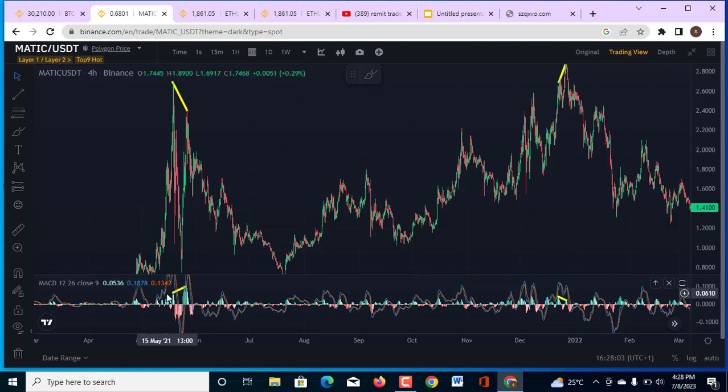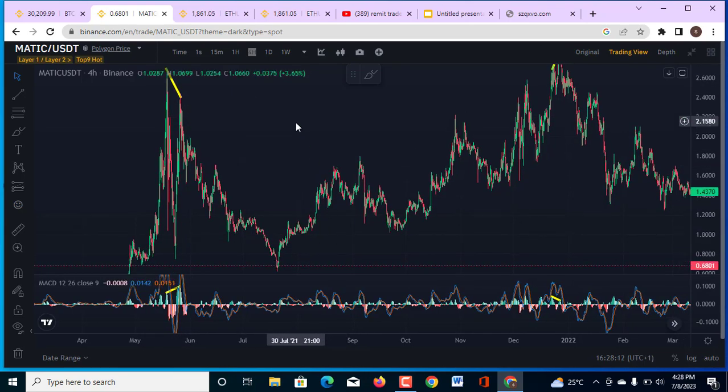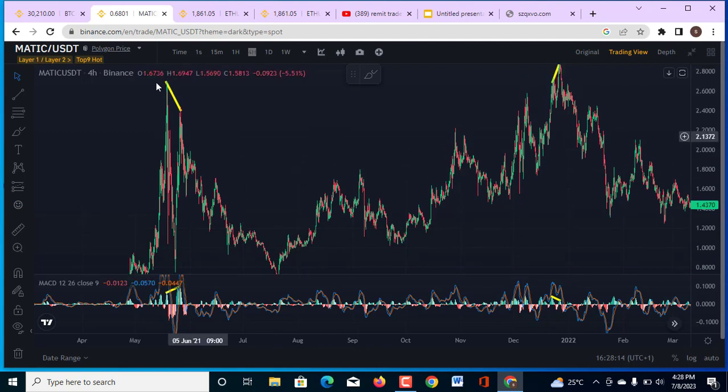See, divergence right here on the indicator and divergence right here on price action on the chart. The market began to come back to the downside. What it means is, if we find divergence here again in the future, there is a high probability that the market is going to go back down, and this is a reversal confirmation for that very chart.